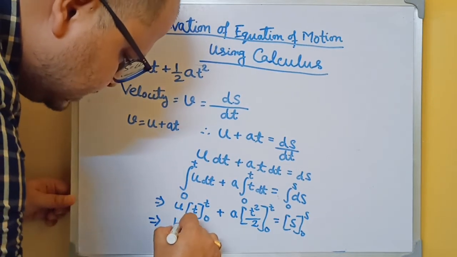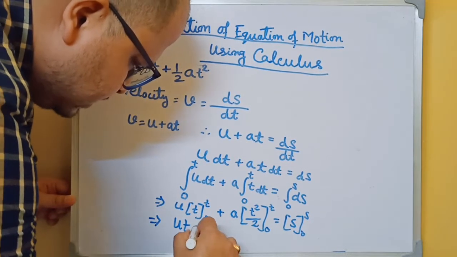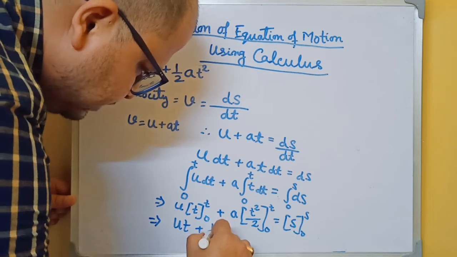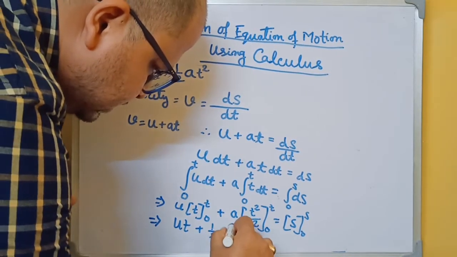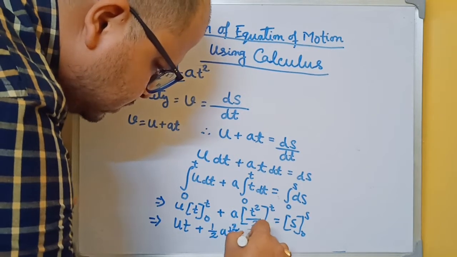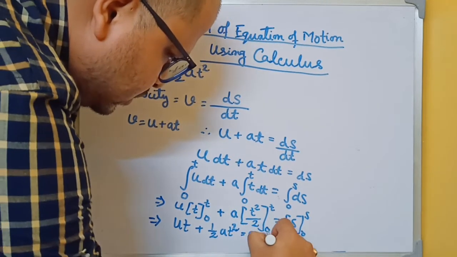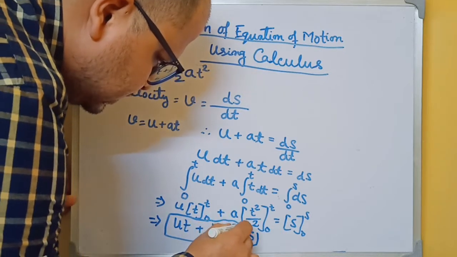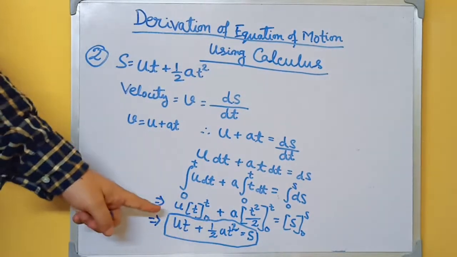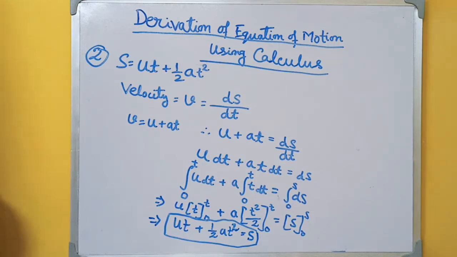Here we get ut plus half at square is equal to only s. So this is the proof of second equation, that is s is equal to ut plus half at square.